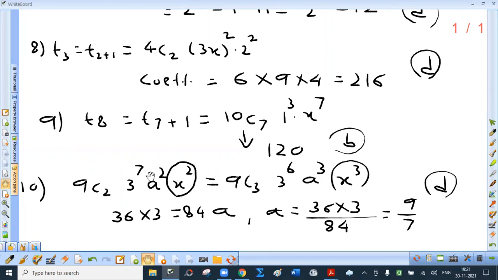We are not interested in x², we are interested in the coefficient. On the RHS, it will be 9C3, 3^6, a³ x³. So equate coefficients. 9C2 is 36, 3^7, 3^6. So 3, a², a³. So a on the RHS. 9C3 is 84. So what is a? 36 into 3 upon 84. That is 9 by 7. Correct option is D, Delhi.